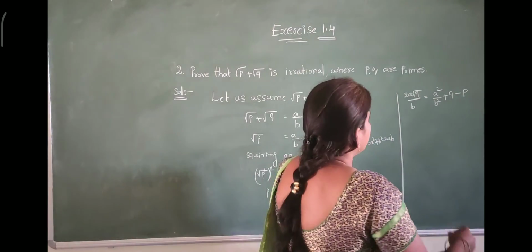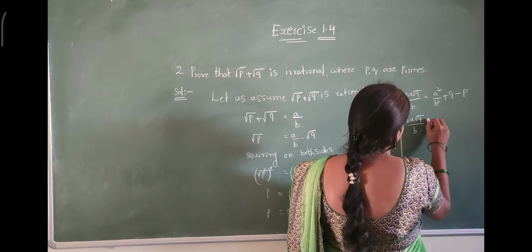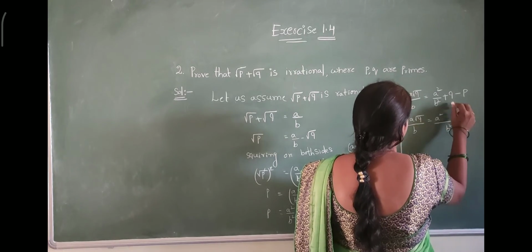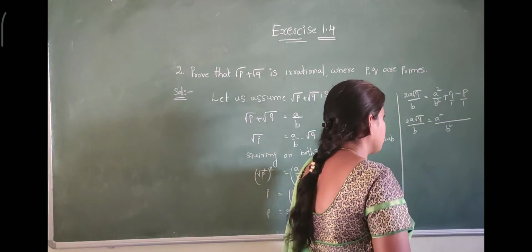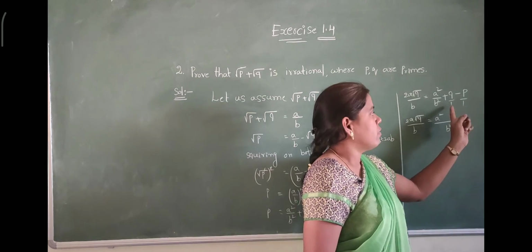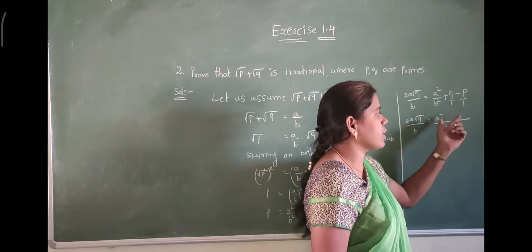Here 2a root q by b is equal to, if you take the LCM, there are no denominators in these two terms. If there is no denominator, we have to assume 1 is the denominator. LCM of b square and 1 will be b square only.